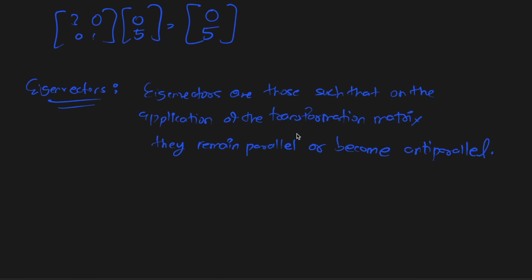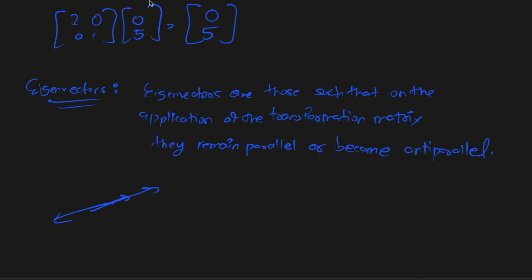So that means if I apply the transformation matrix on eigenvectors, either the vector will remain in the same direction or it'll point in the opposite direction. In any other case, it won't be constituted as an eigenvector. Okay. So this is basically the definition of eigenvector.